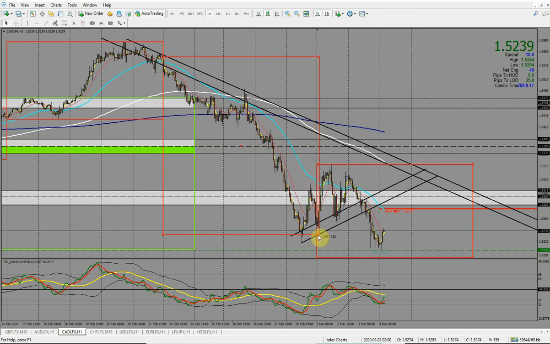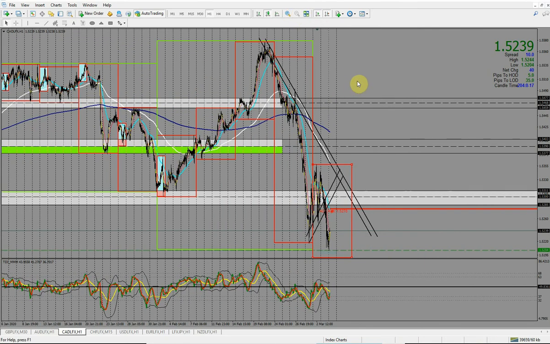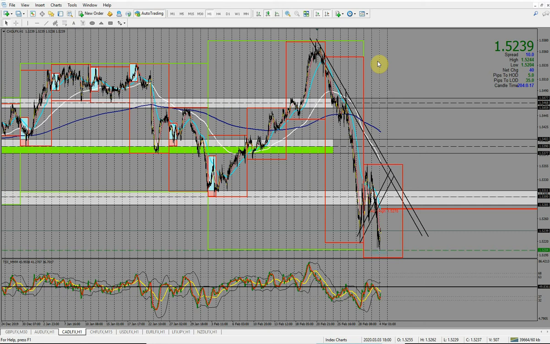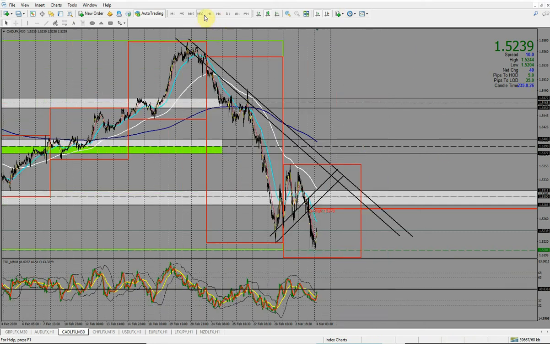So I'm just gonna do that. Yes, and then I'm gonna take that to that high there. This was February. February, March. Now I think I'm gonna expect continuation of this trend here, but it's not a very good looking high probability setup for me.